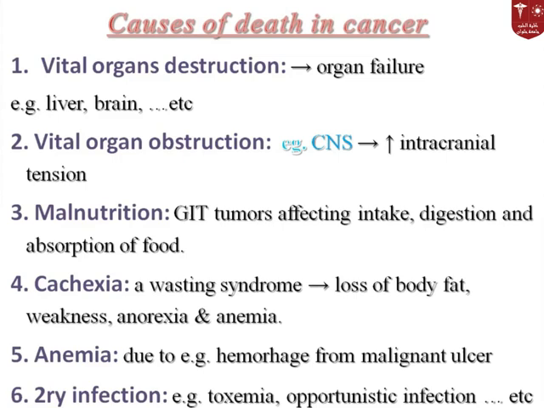Because when they arise in the CNS, they will compress the central nervous system, like the brain or spinal cord. They will compress and they will invade the brain cells, right? And this may cause paralysis, weakness, loss of sensation, loss of ability to talk, loss of memory, and so on.